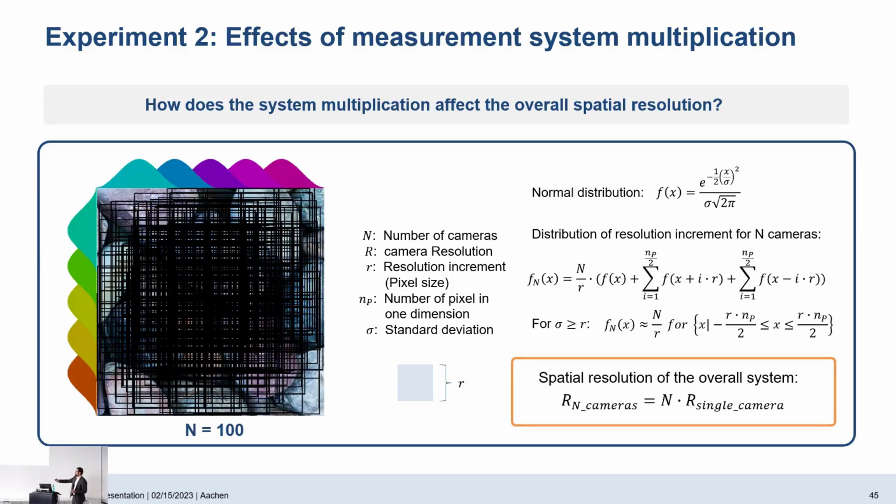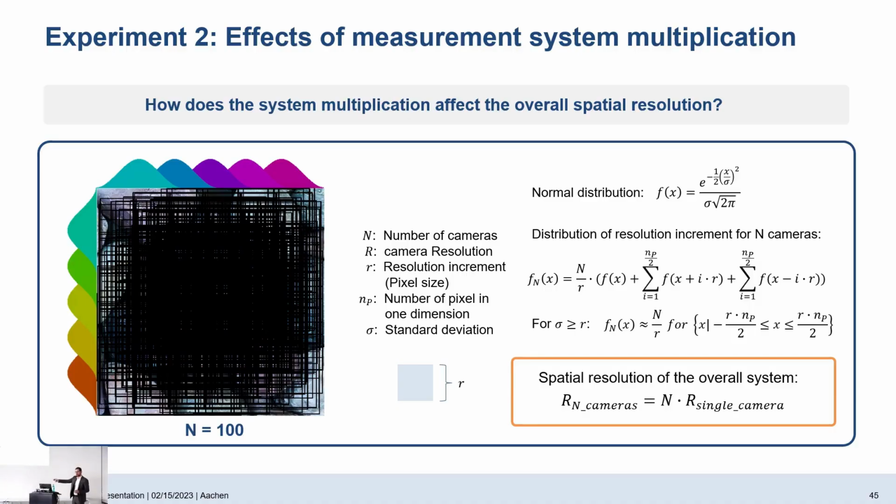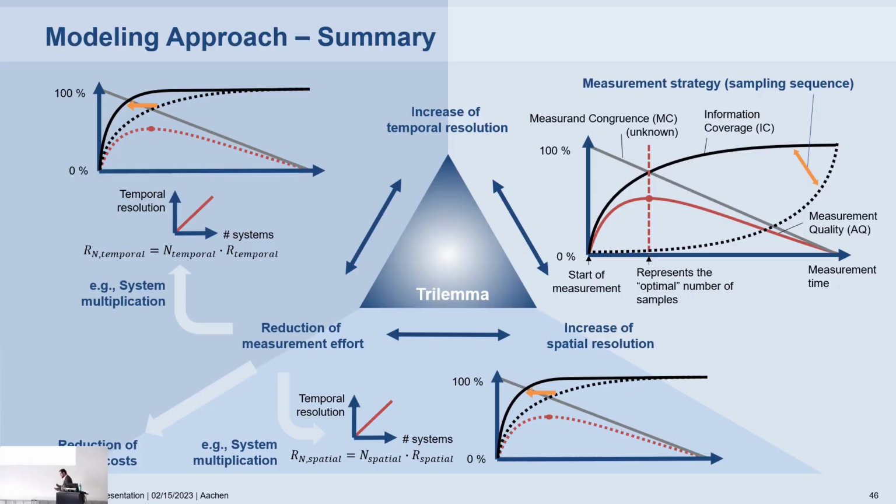And we see also when we multiply the cameras up to 100, the resolution definitely increases. Let's bring that also onto the trilemma picture.